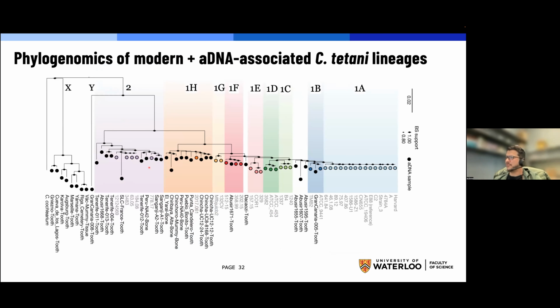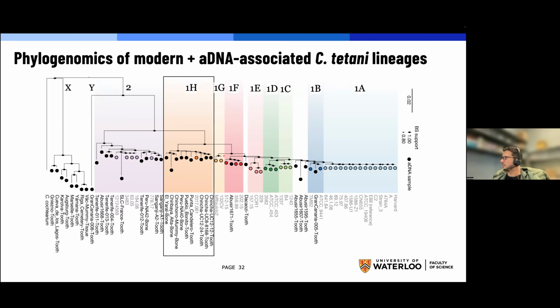And now I'm just going to focus on a couple of these. So as I just mentioned, lineage 1H was expanded quite substantially from one reference genome from a modern sample to quite a few additional ones that we're identifying.